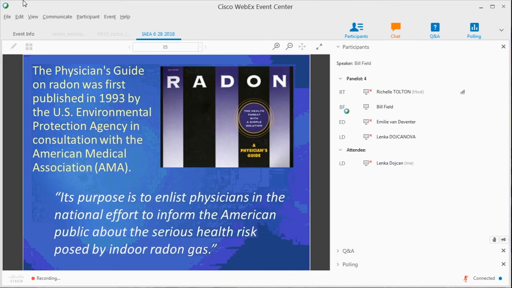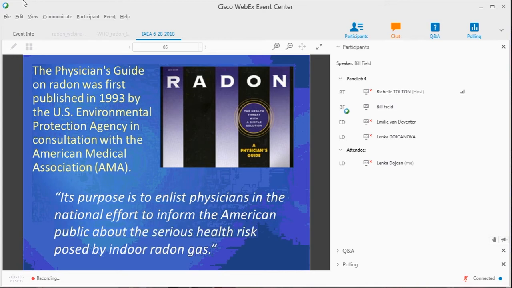The first physician's guide that was developed by the EPA of the United States was developed back in 1993. Its purpose was to enlist physicians in a national effort to inform Americans about the serious health risks posed by indoor radon gas. And you can see 1993, that was quite a few years ago. But if you do a Google search prior to working on our document and you put in radon and physician, the guide still came up.